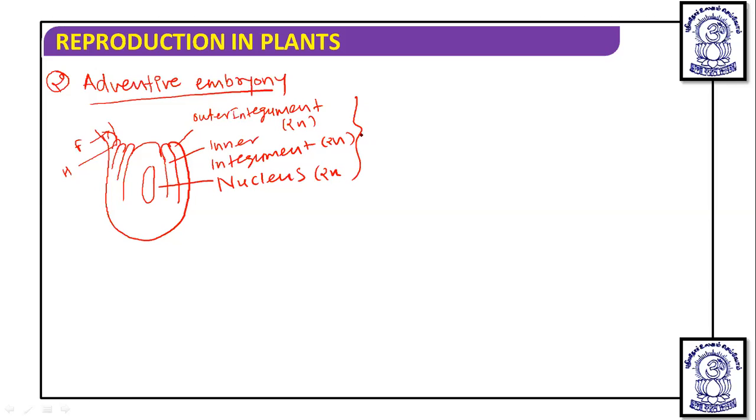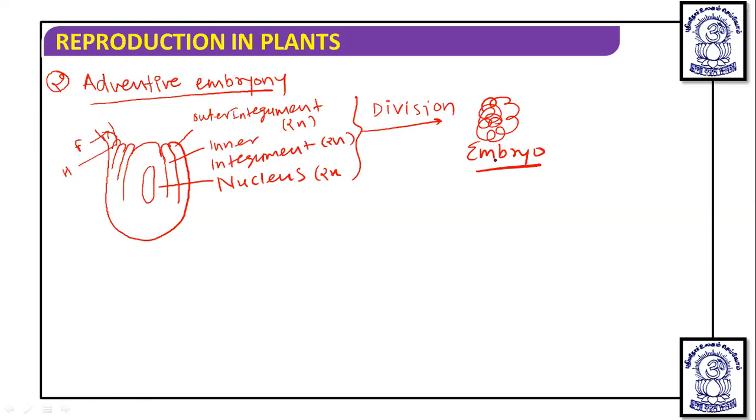So out of these two, integument or nucellus, if they undergo division and, without forming an embryo sac, directly give rise to the embryo, then it is known as adventive embryony.